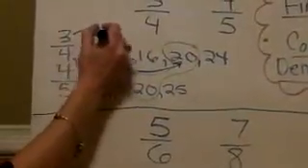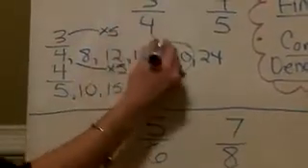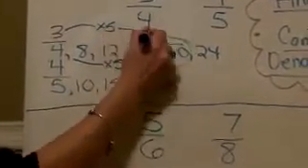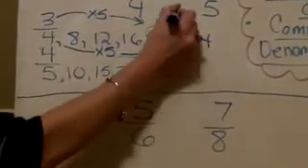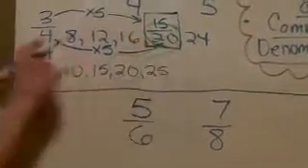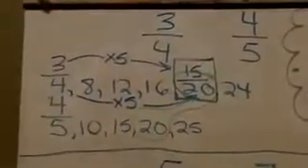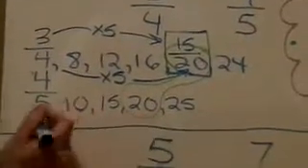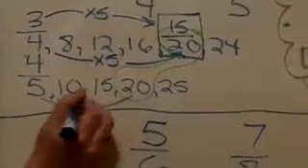So whatever I did to the denominator, I have to do the same thing to the numerator. 3 times 5 is 15. So my new equivalent fraction for 3/4 is 15/20.